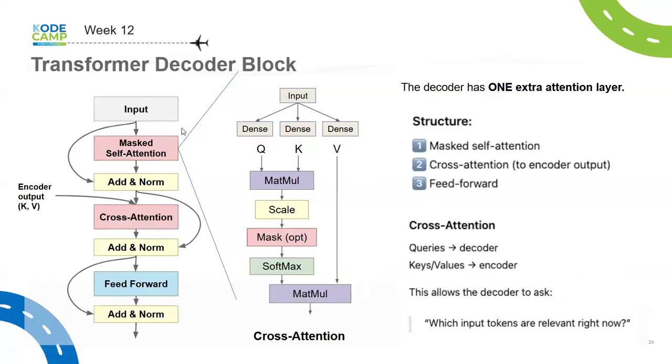So we now have the second, which is the decoder block. The decoder block is more or less exactly the same thing as an encoder block, but there are a few small differences. The decoder block takes the inputs that you are training the model on as well.